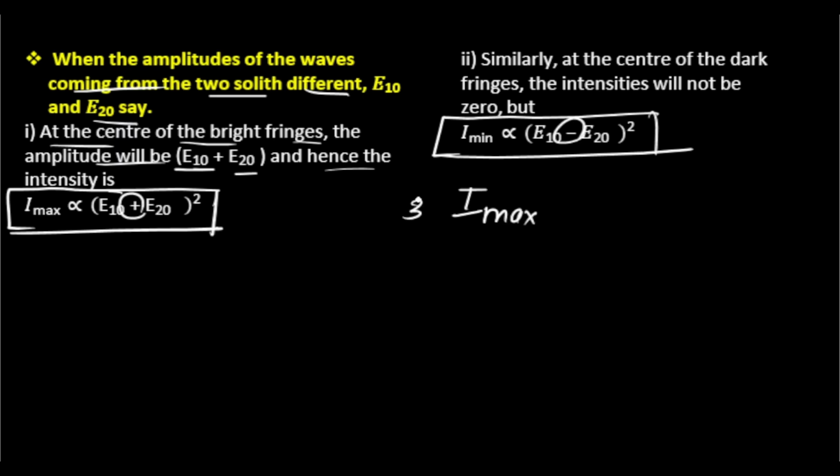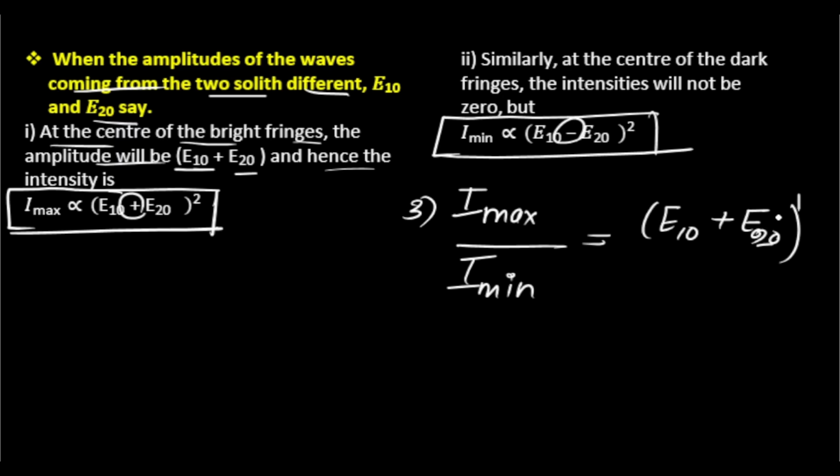So now the third formula which we have: I max upon I min is equal to E10 plus E20 the whole square divided by E10 minus E20 the whole square.